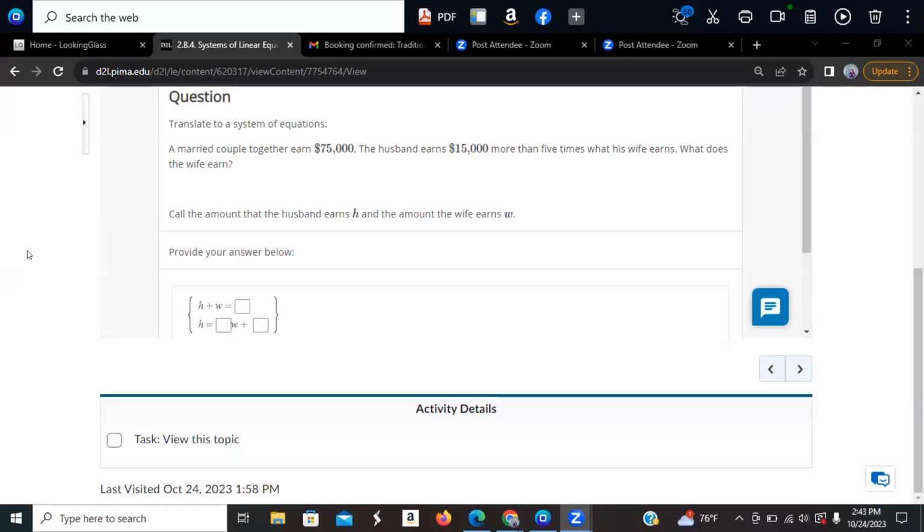All right. Why don't you try to fill in the blanks there, and I will check your answer before you submit. So the first equation is what's called the total equation. The second equation is the relationship equation.